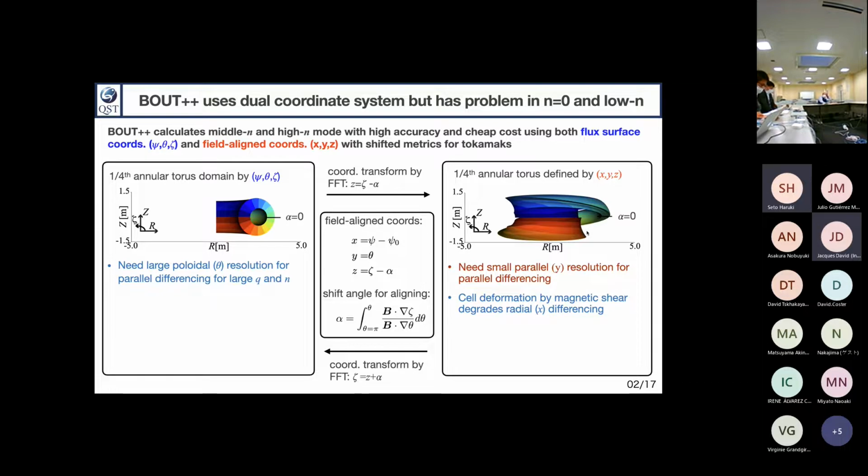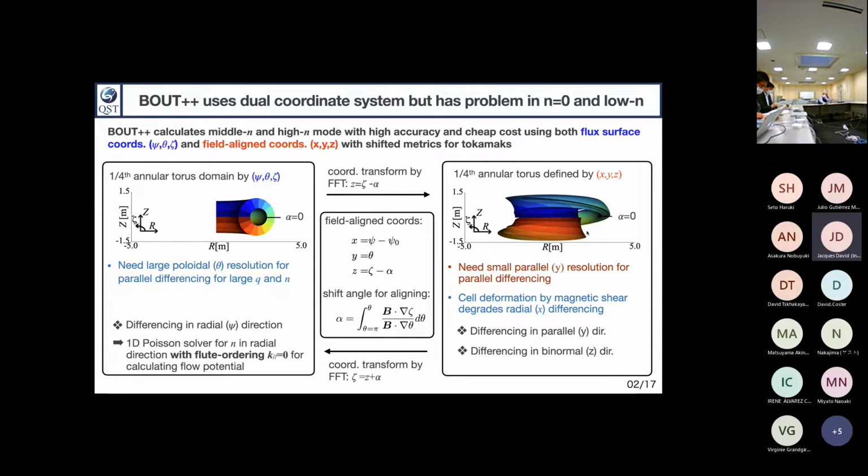However, the cell deformation by magnetic shear degrades the numerical accuracy of radial differencing, since the shift angle, or the value of the safety factor, changes radially. To resolve these issues, BOUT++ employs a field-aligned coordinate for parallel differencing and binormal differencing, and employs a flux surface coordinate for radial differencing.